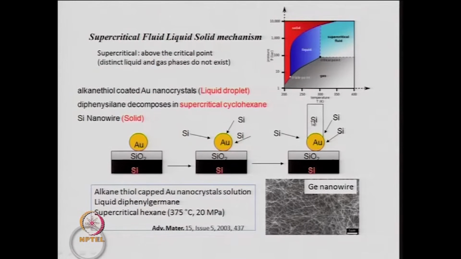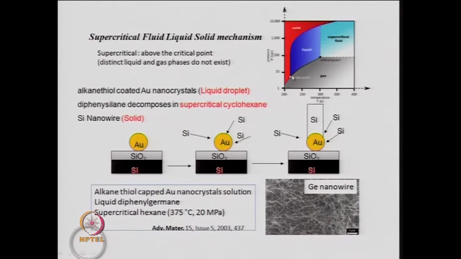Suppose this is a phase diagram of some gas under some pressure and temperature, showing how that gas goes into a liquid and into a solid. In that system, if you come to a point beyond this point, since this curve is not extending, you cannot differentiate between the gas and the liquid.